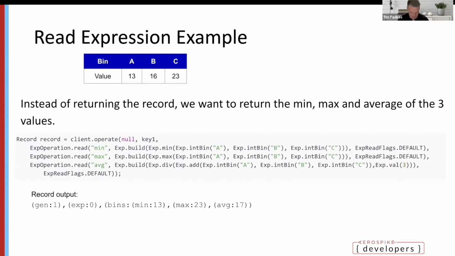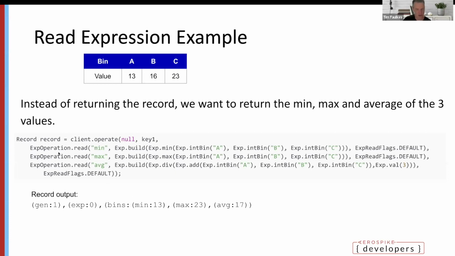So let's look at another example. It's a very contrived example, and I've got a record. It's got 3 bins, A, B, and C, with these 3 values. Instead of getting the record back and doing my computations on the client, I might want to know the minimum, the maximum, and the average, and I want the server to work it out for me.